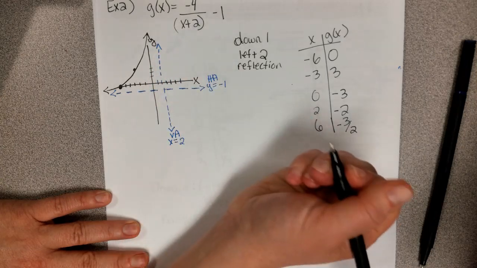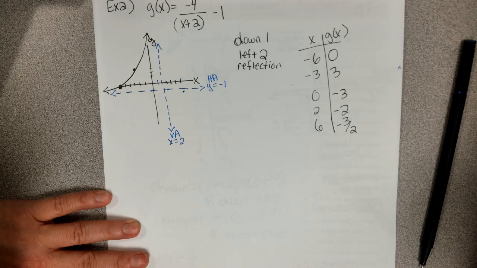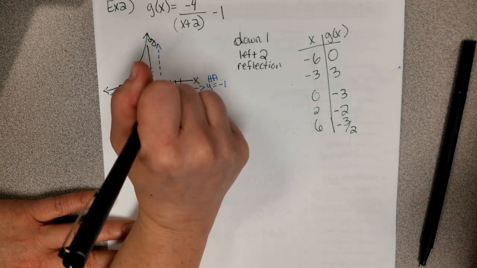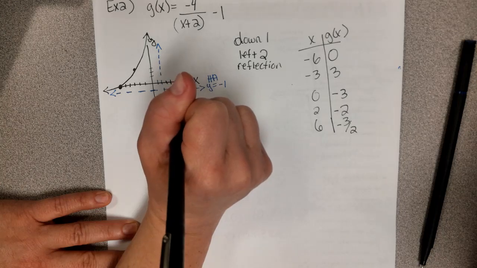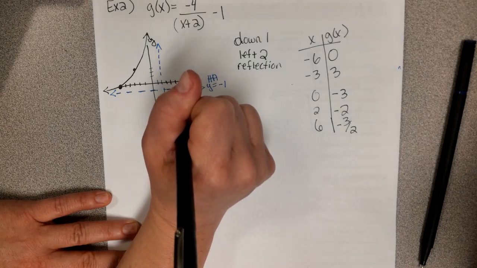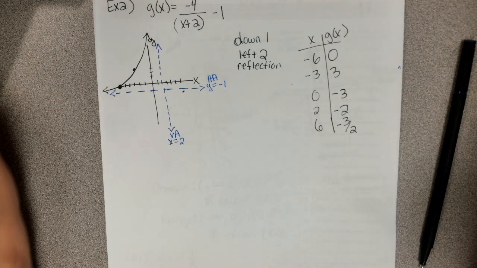So something like right here, I have 2, -2. There should be an asymptote at 2. I don't know what I'm doing.